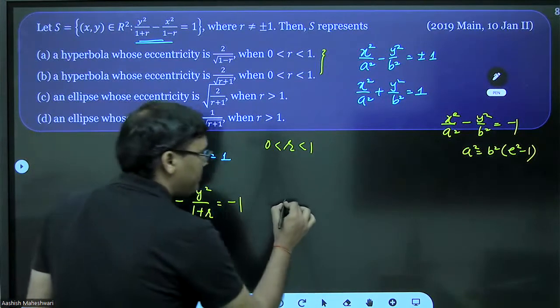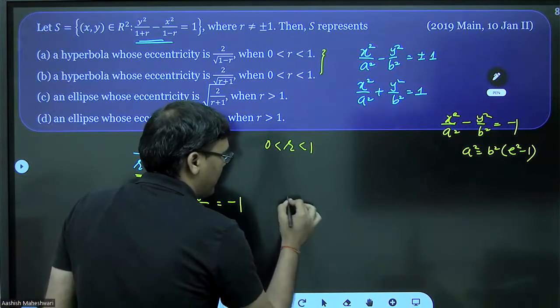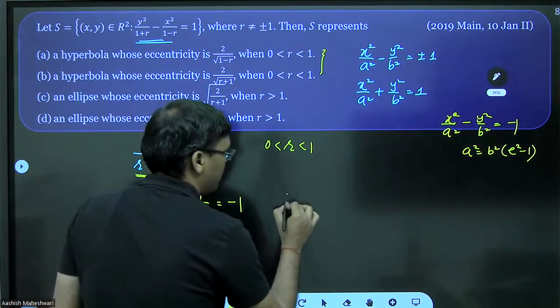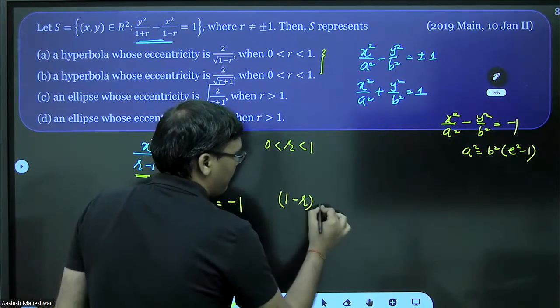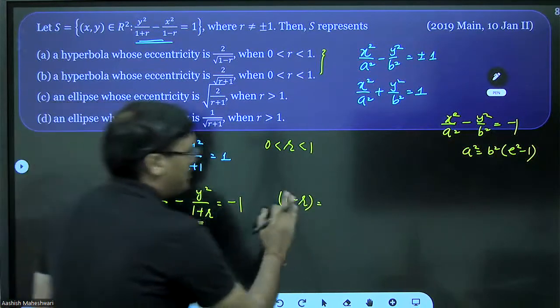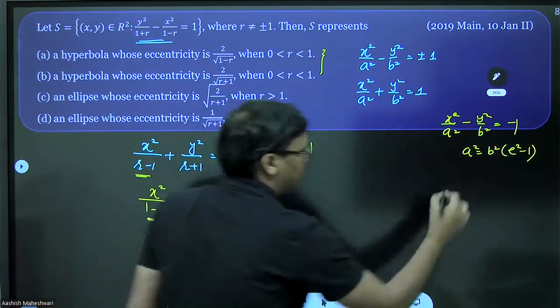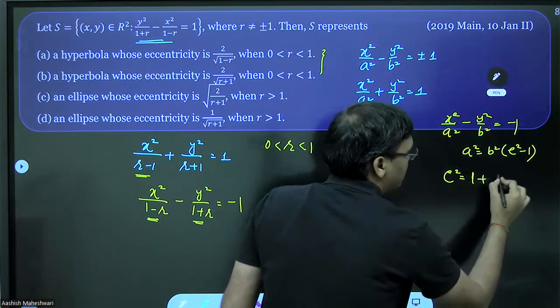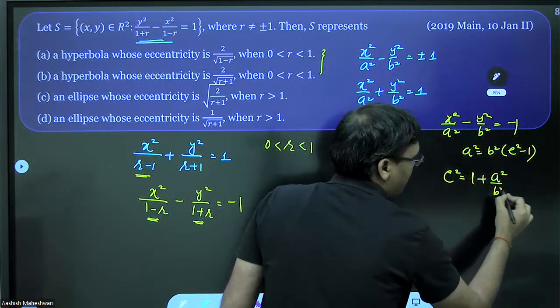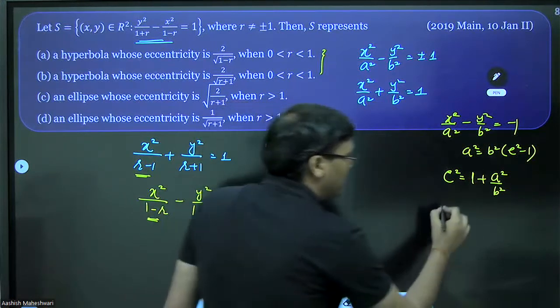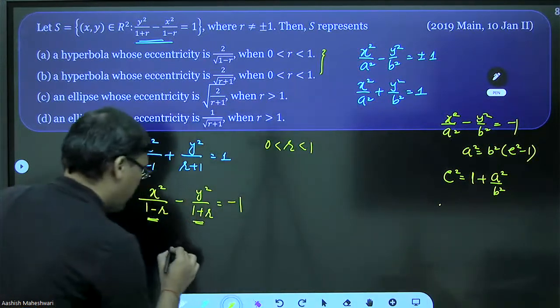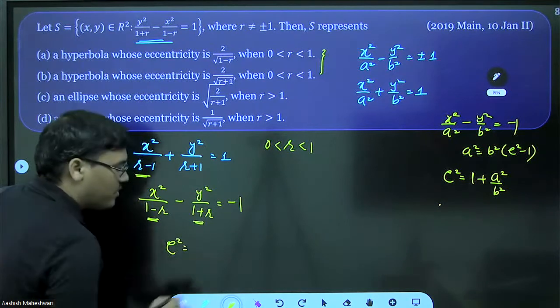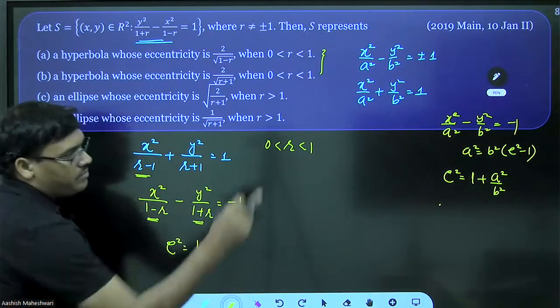You see here, a square is 1 minus r. Let me write it here: e square is equal to 1 plus a square by b square. Just arranging this, what is the eccentricity for this case? E square is equal to 1 plus a square upon b square.